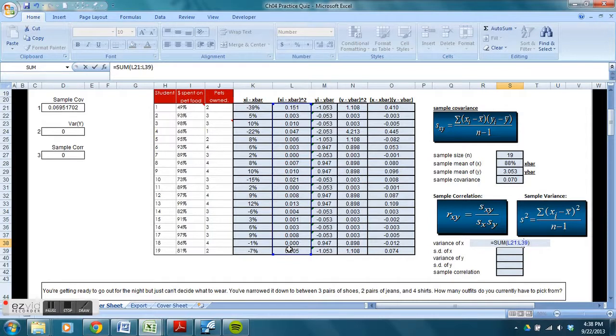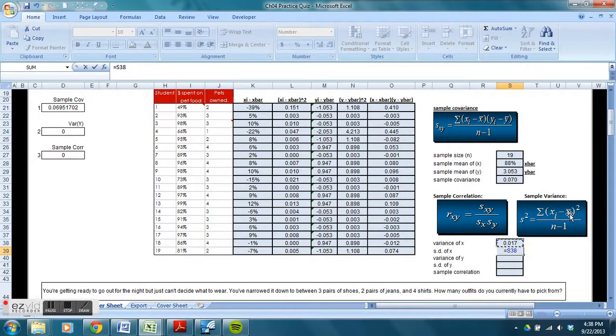Make sure that denominator has the parentheses around it. And notice this first part, this numerator right here, that represents the SSD of x. Standard deviation is simply the variance of x square rooted, or you can take it to the 1/2 power.